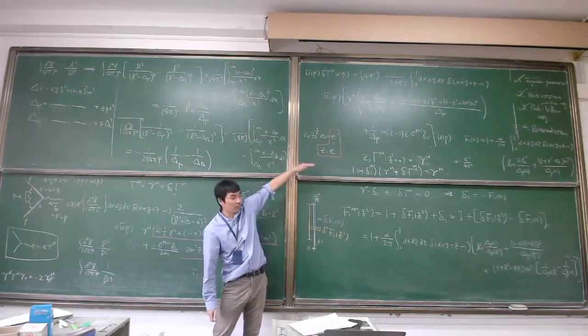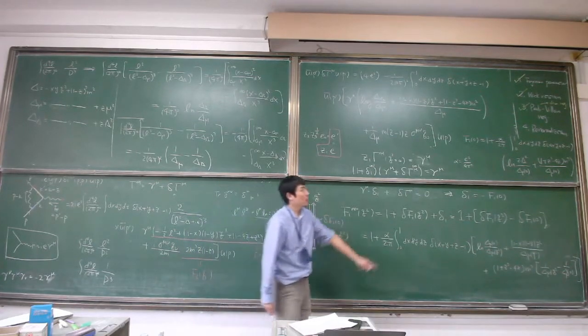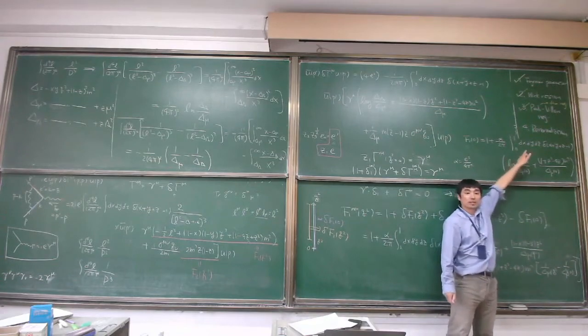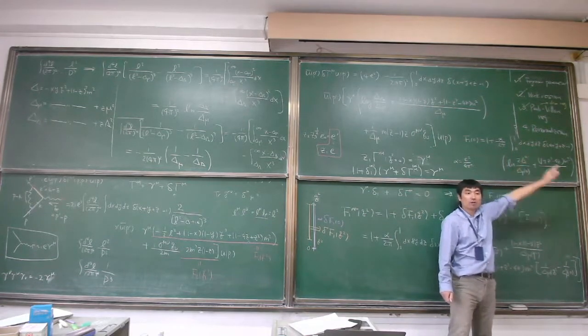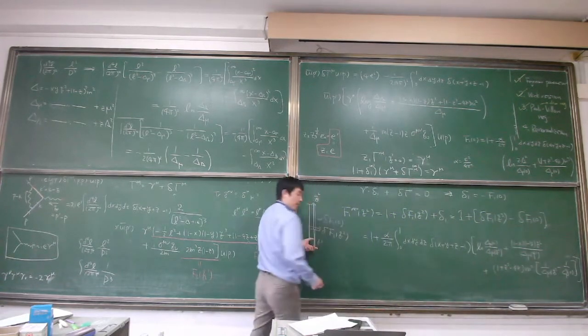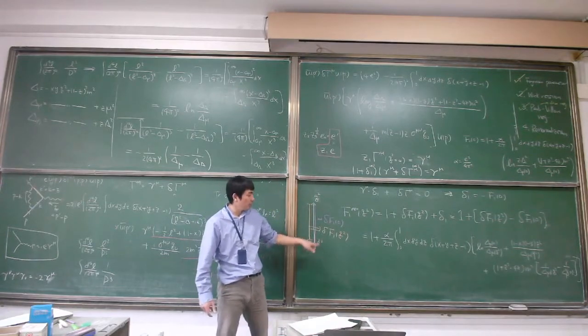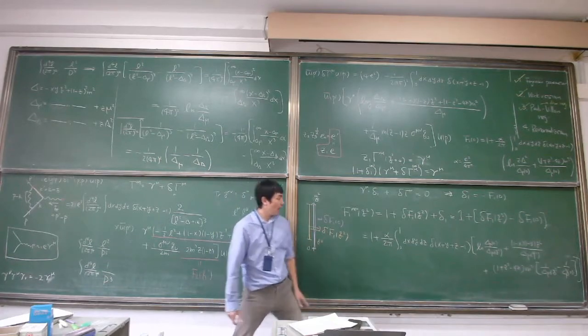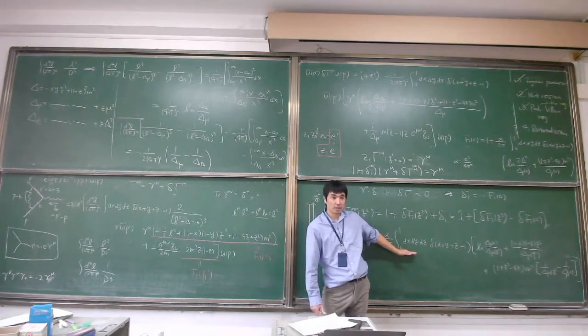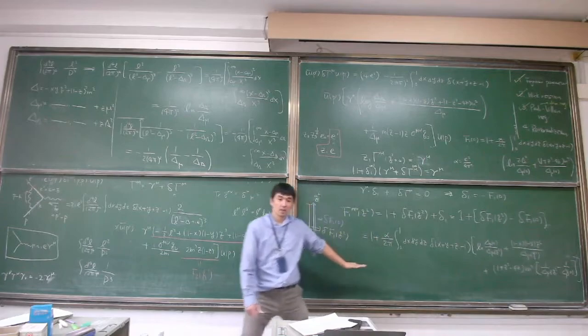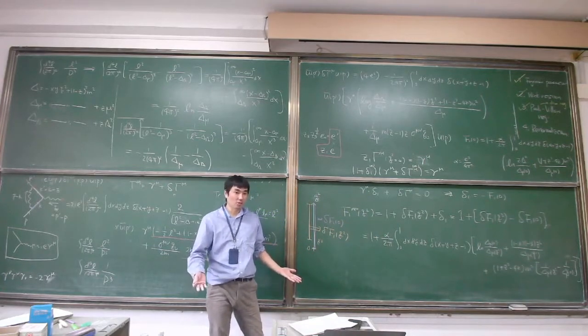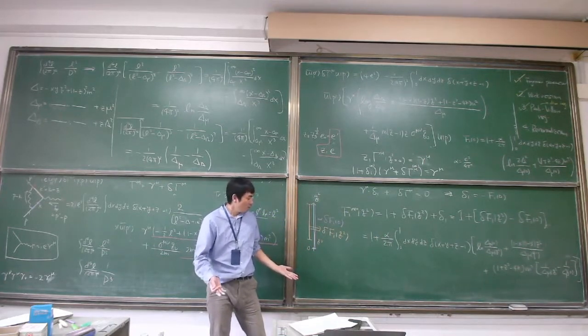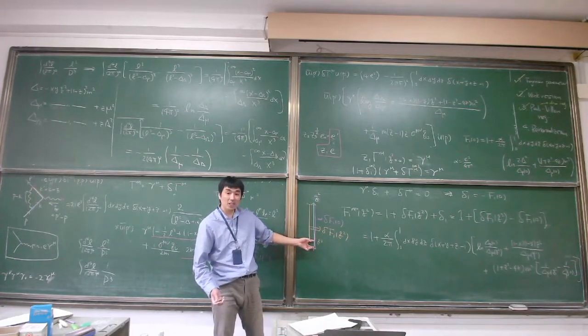Because of high momentum, both have this log divergence, log lambda squared divergence. However, if you take the difference between this orange one and the purple one, the answer is finite. Okay? That's the meaning of renormalization.